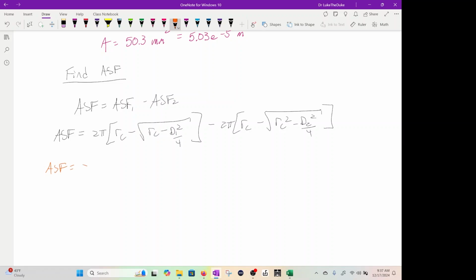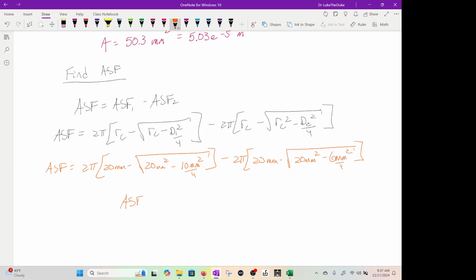ASF equals 2 pi times 20 millimeters minus the square root of 20 millimeters squared minus 10 millimeters squared over 4, minus 2 pi times 20 millimeters minus the square root of 20 millimeters squared minus 6 millimeters squared over 4.